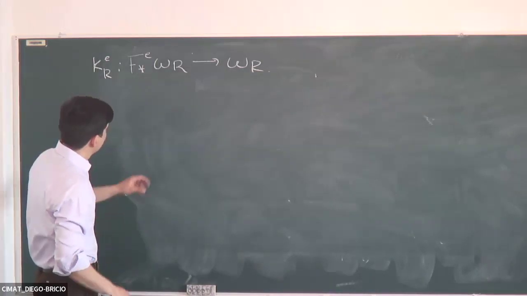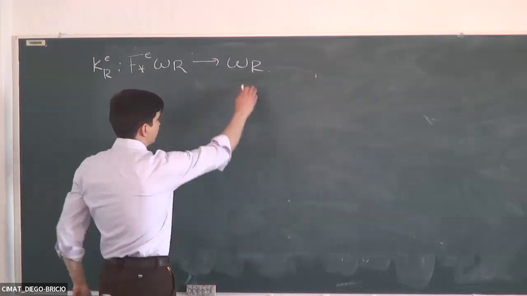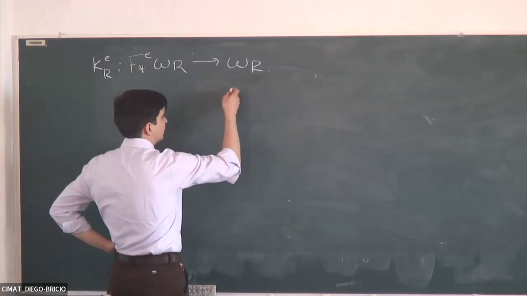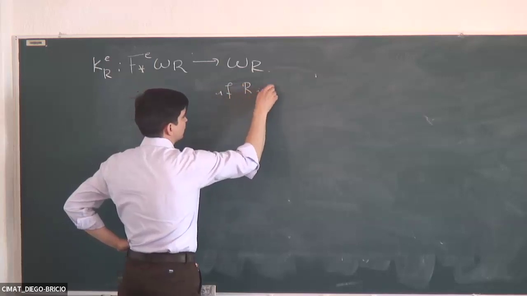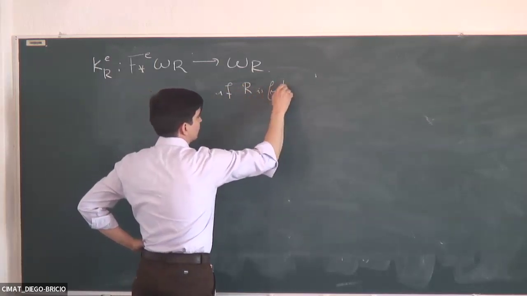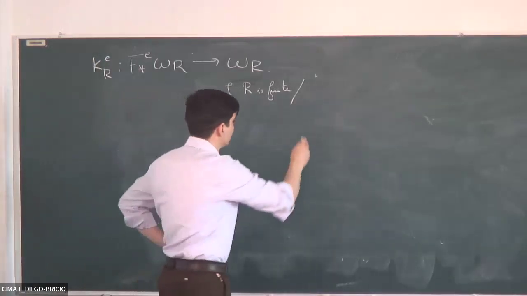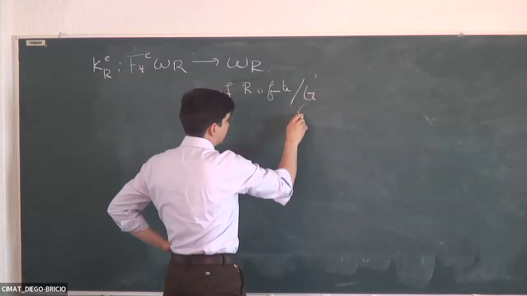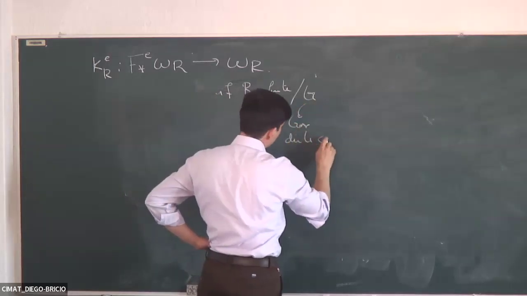It took us a while, because we had to define omega_R. And we know that omega_R only exists if R is finite over a Gorenstein algebra G, where the dimension of G is finite.